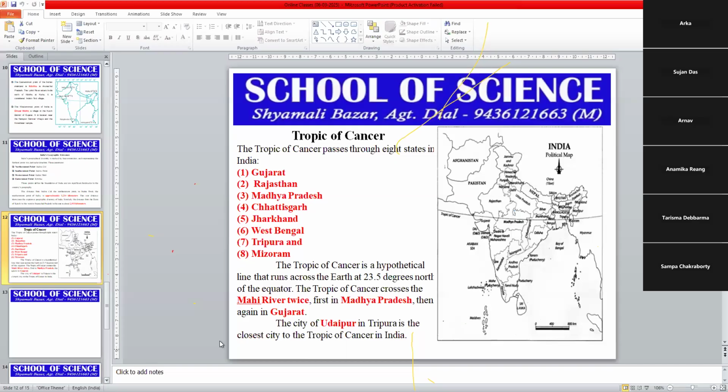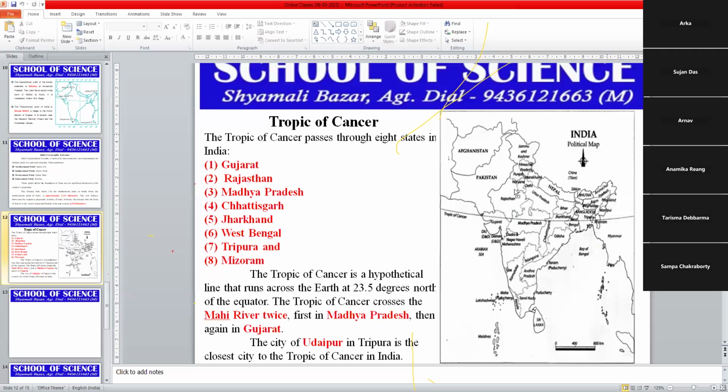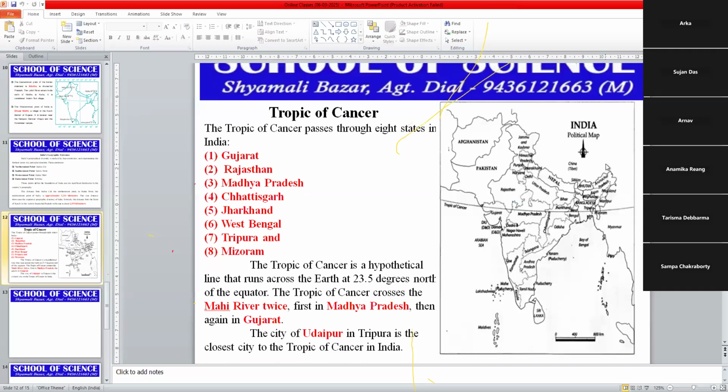And in the map, you just see Gujarat. In the map, you just see this is Tropic of Cancer. This line, a concave line, is not straight. The line is never straight. It is a concave one. So Tropic of Cancer passes through Gujarat state. Then some part of Rajasthan is coming.